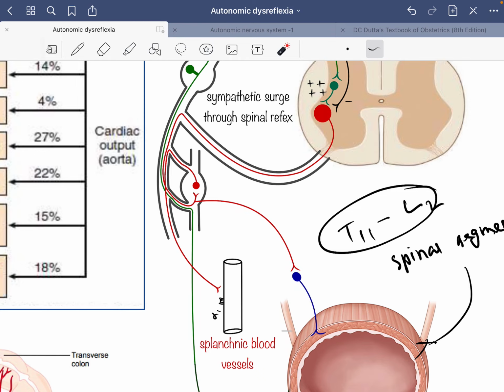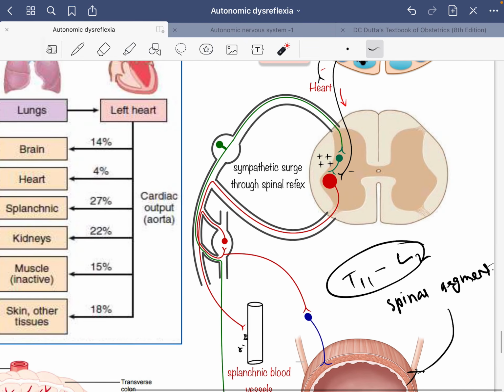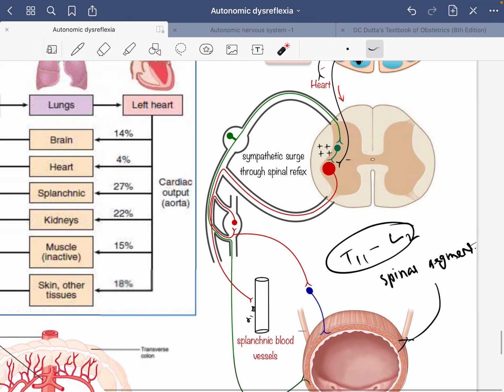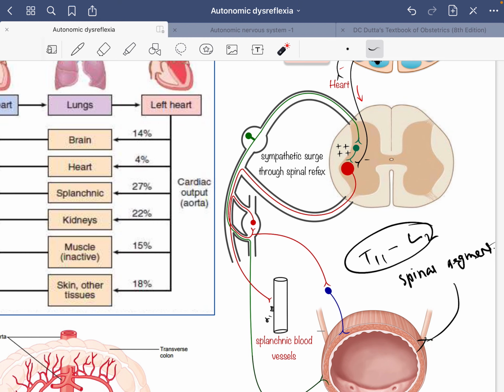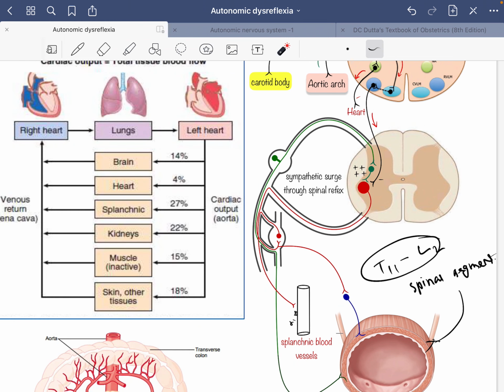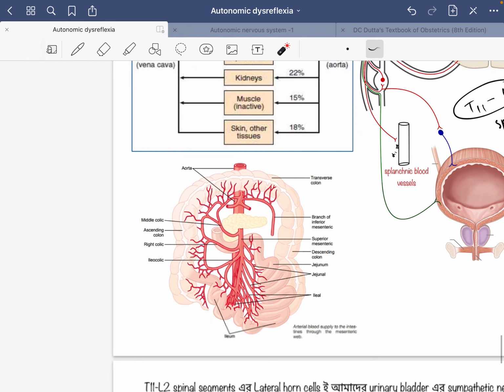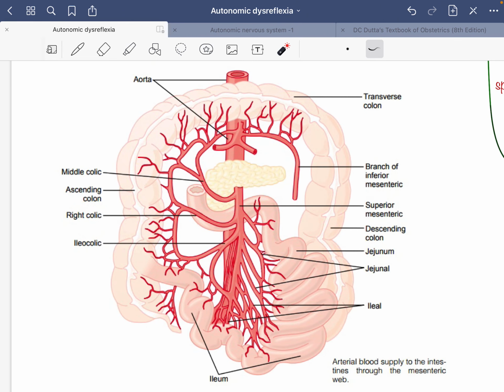But one interesting thing happens here. We know that the spinal segments T10, T11, T12, L1 and L2 supply the major portion of our splanchnic circulation, that means the blood vessels which supply our gastrointestinal tract.